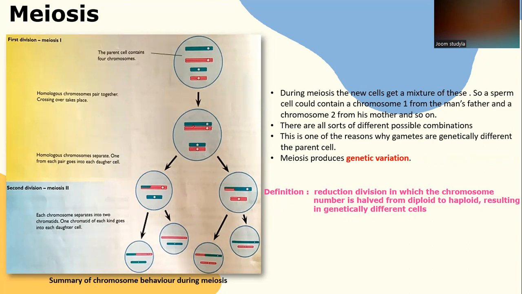Meiosis produces genetic variation. So by definition, meiosis is a reduction division in which the chromosome number is halved from diploid to haploid, resulting in genetically different cells.